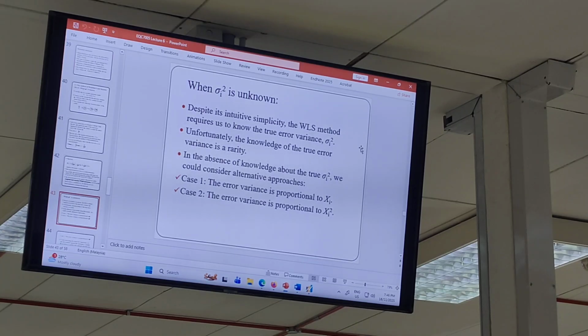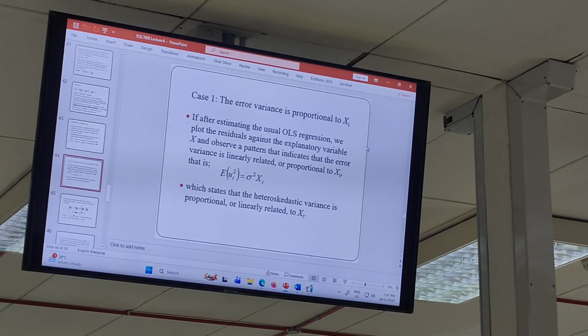Maybe income is the source of the problem, the variable that produces the heteroscedastic error variance, so the variance is proportional to that particular x. Case 2 is when the error variance is proportional to x squared. Here we have a slightly different way of transforming the equation to remedy the problem of heteroscedastic error variance.